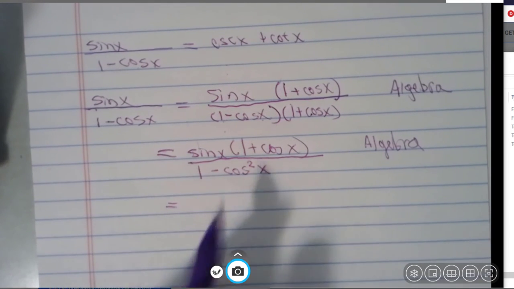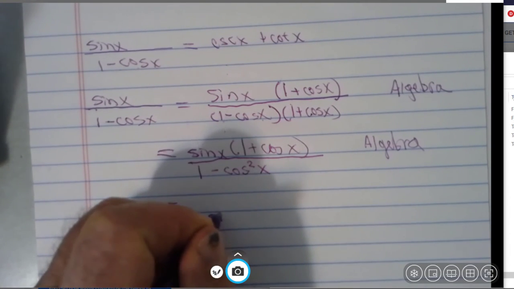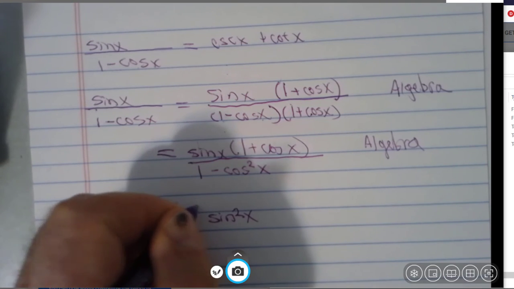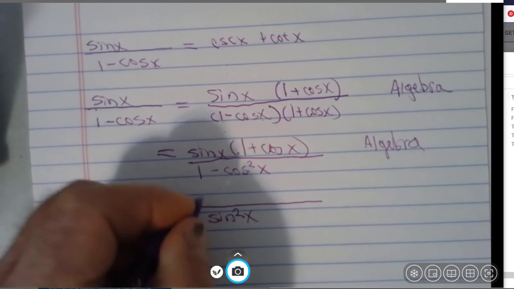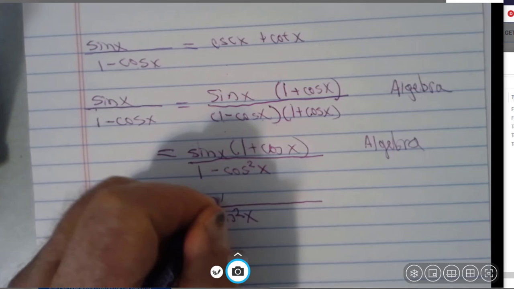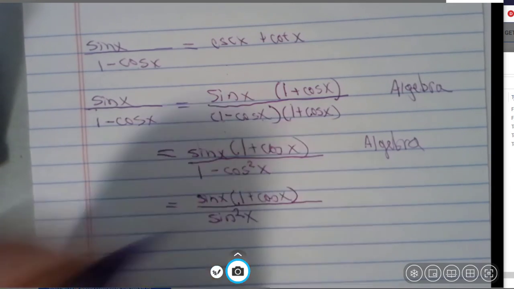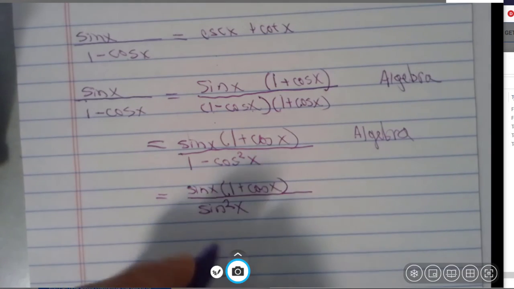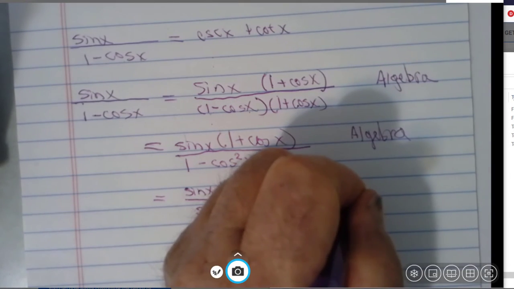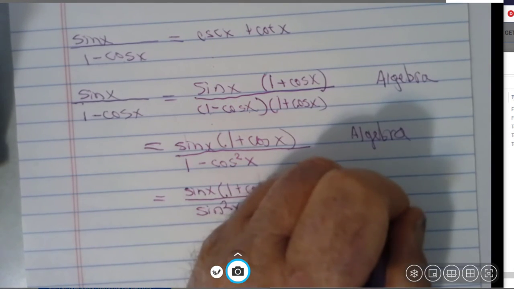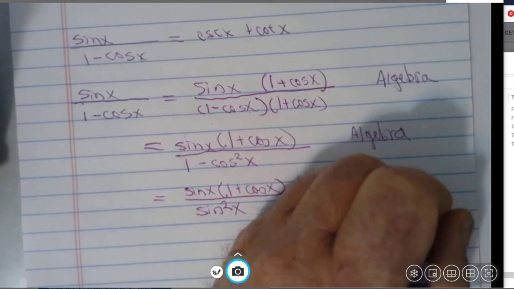Okay, now 1 minus cosine squared is the same as sine squared. So that gets rewritten here. And we're using one of the Pythagorean identities.